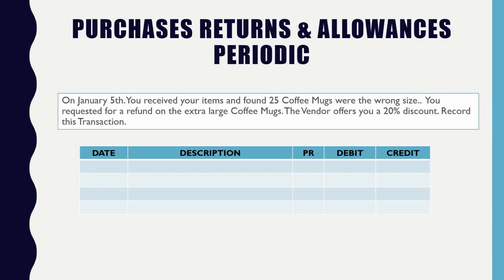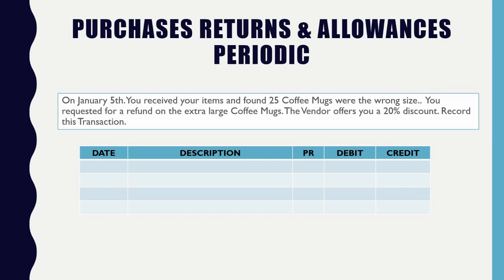The vendor just gave me a discount on top of it because they are saying, I'm sorry, that was my mistake, I sent you the wrong cups. To keep you as a customer, we'll give you a discount off of these cups because it was our mistake, and we don't want you to pay extra.